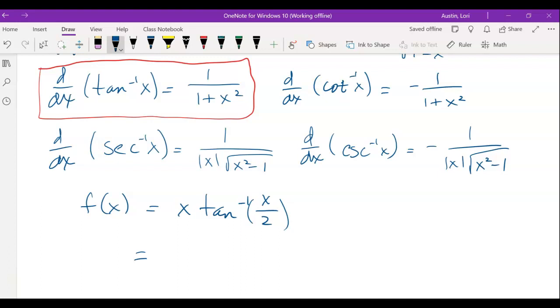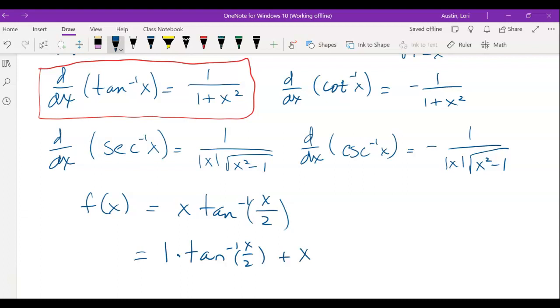You want to start by taking the derivative of x. Derivative of x is just 1. And then copy exactly what's there. Do the opposite. Write down your x.